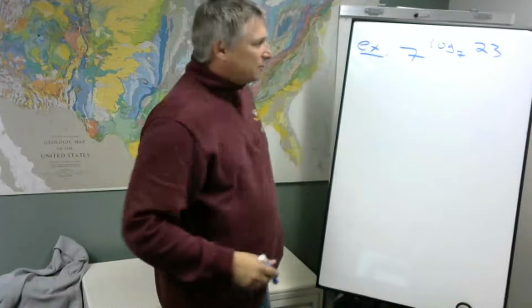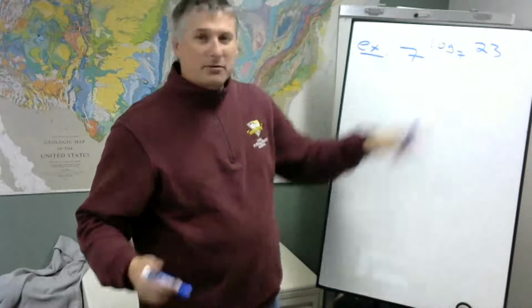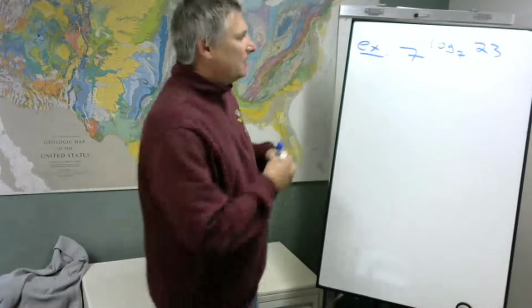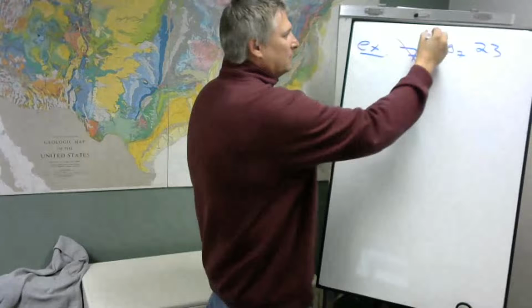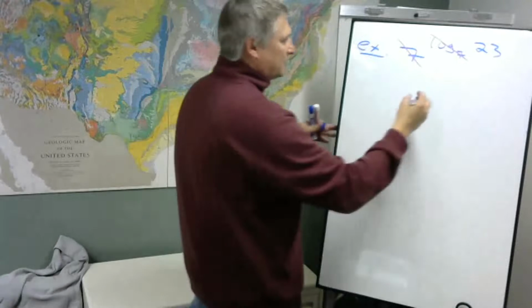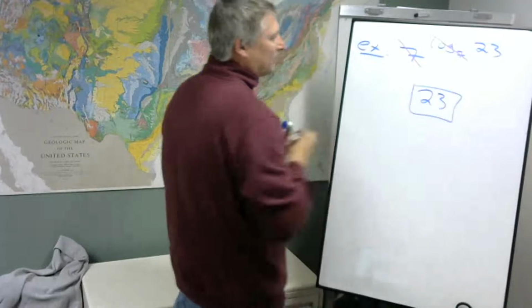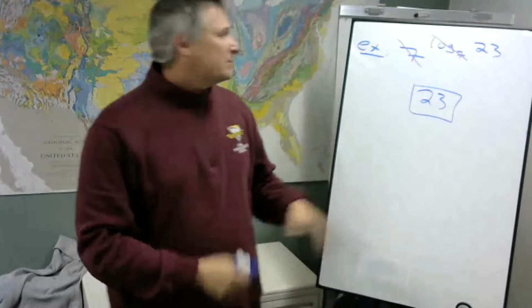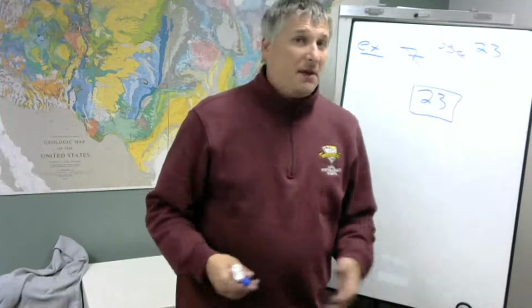But this exponential function, because the base of the exponential function and the base of the logarithm match, they're going to cancel. The base of the exponential function, log and its base will go away, and we're just going to get 23. And again, this only happens because the exponential function base and the log base are the same.